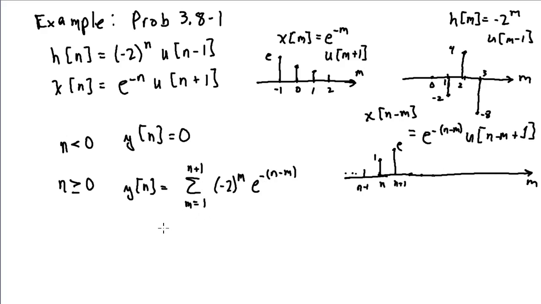Okay, I'm summing over m, so I can pull out this e to the minus n term, have my summation from m equal 1 to n plus 1, and then here I've got minus 2 to the m, and here I'll have e to the m, so I can combine those as minus 2e to the m.